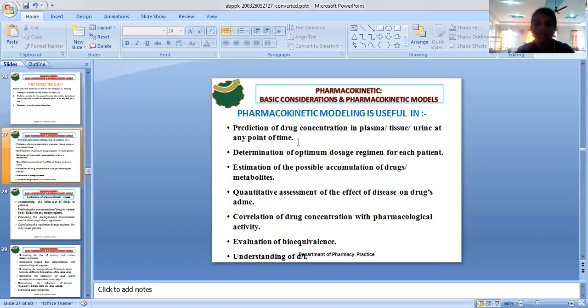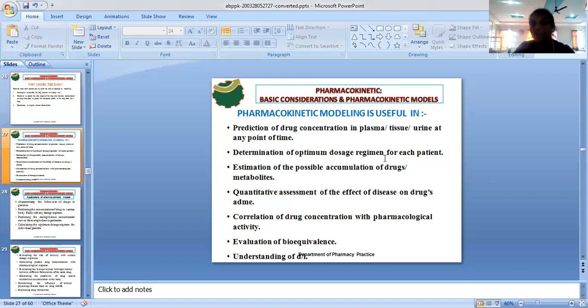You are administering a drug in the morning at 9:30. If you want to predict how much drug concentration there will be by 10 a.m. or 12 p.m., these models can be useful to predict the drug concentration with respect to any point of time.